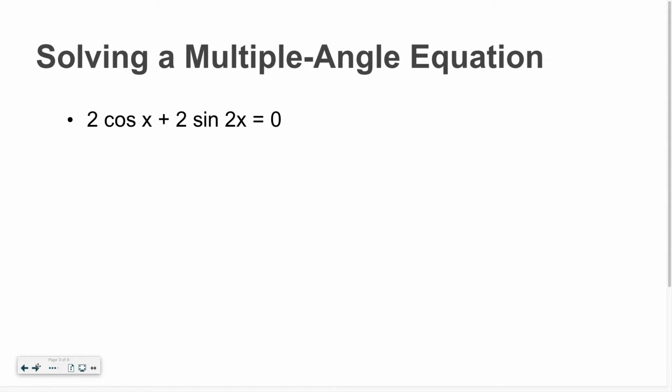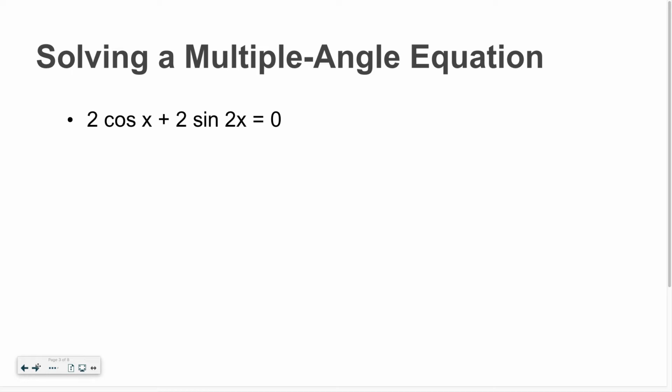Okay, what do you notice about this equation? You see some 2's. Look at the angles. What's the angle here? X. What's the angle here? 2x. Okay? So, number 1, that could be an issue.